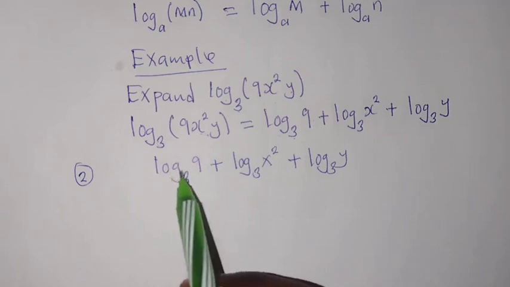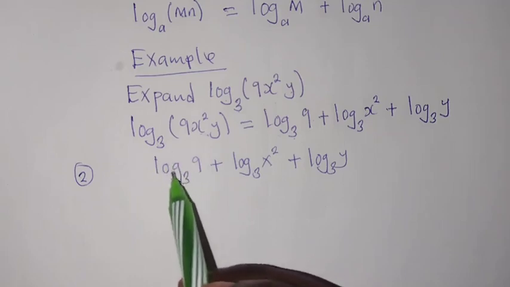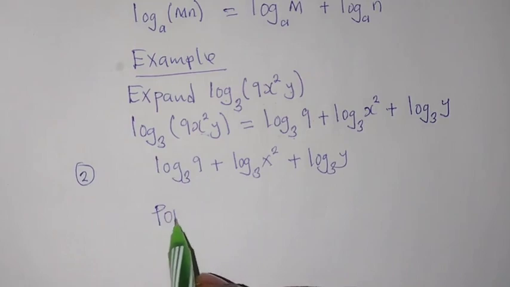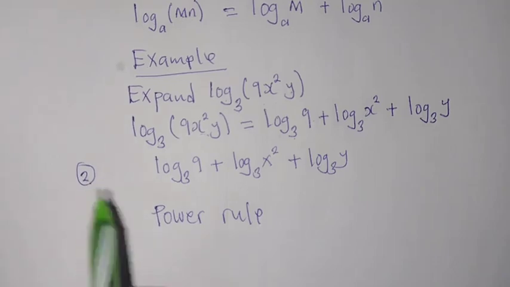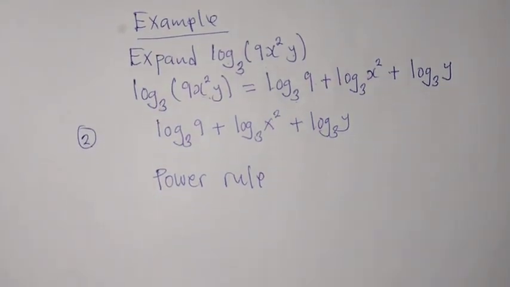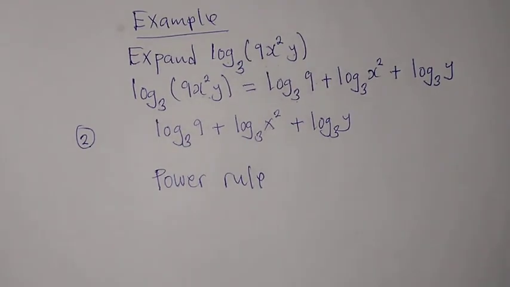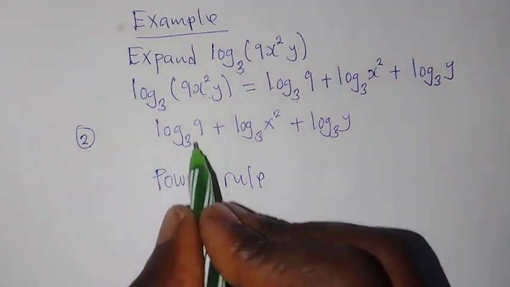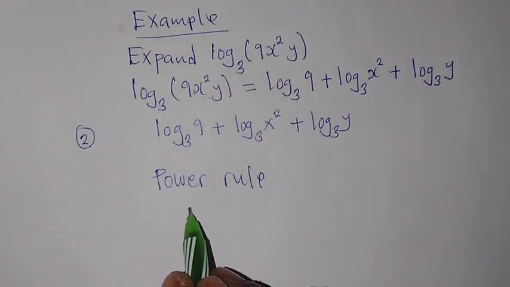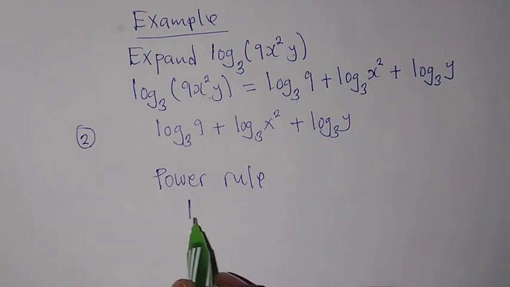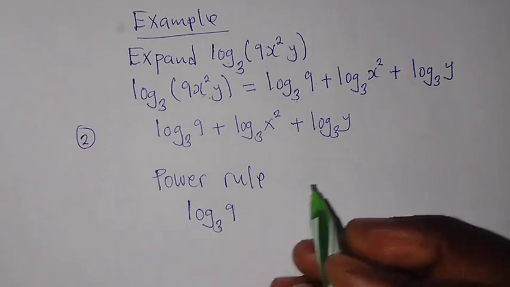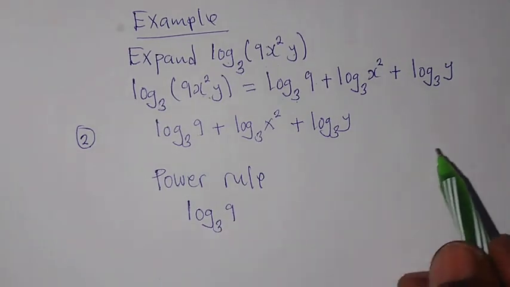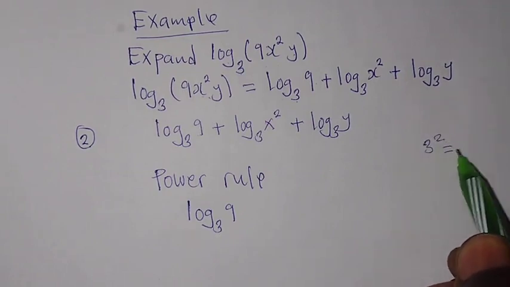We can simplify this one, and we are going to use the power rule. This is another rule, number 2. If you have log 9 with a base of 3, we know that 3 squared gives us 9.